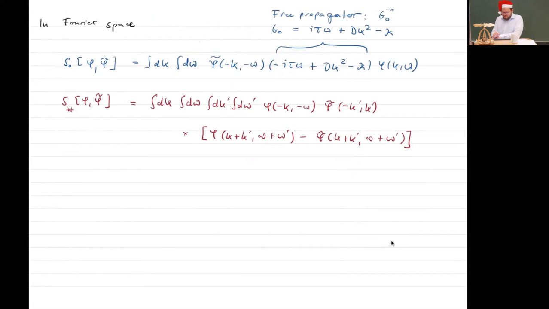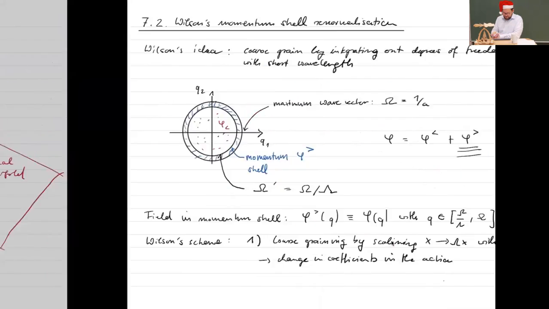This is called the inverse of the free propagator, and it's called the free propagator because it gives you the propagator, that means how you go from one point in space and time to another, using only the free theory without interactions. So this term here is what we have to integrate first.